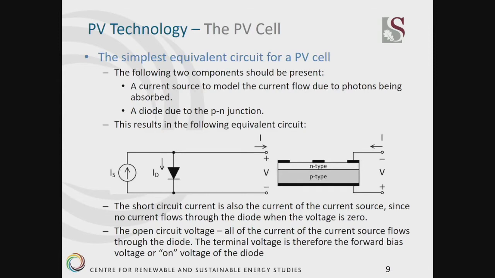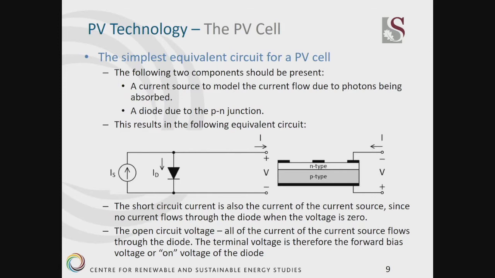A current source is used to model the current flow of electrons when photons are absorbed. A diode is modeled because there is a p-n junction formed by the N, which is the negatively charged, and the P, which is the positively charged type materials that are used to form this photovoltaic cell.